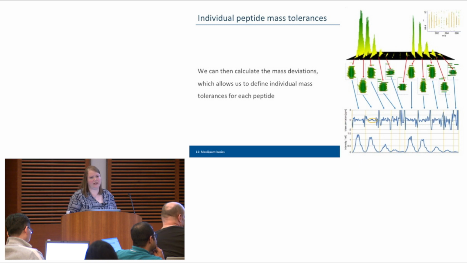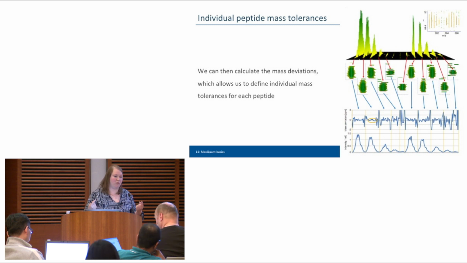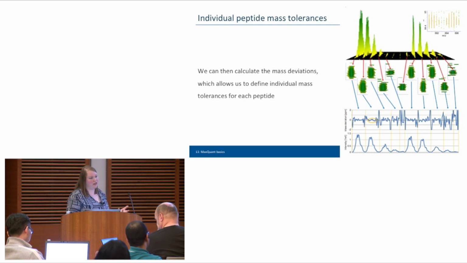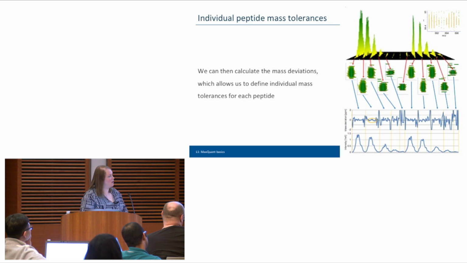This allows us later on, because we can see there is a peptide, but it's really badly measured, and we have to apply wider tolerances in the database search to find possible peptides, and some are really nicely measured in good quality, and there we can apply very strict tolerances. This is super nice because for other search engines you need to just define a wide tolerance to also cover the low quality peptides, and here you have individual ones.